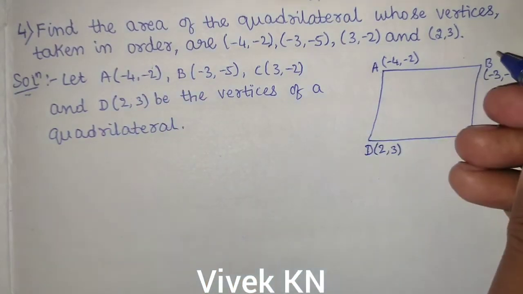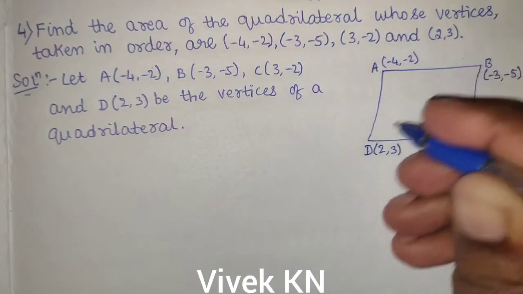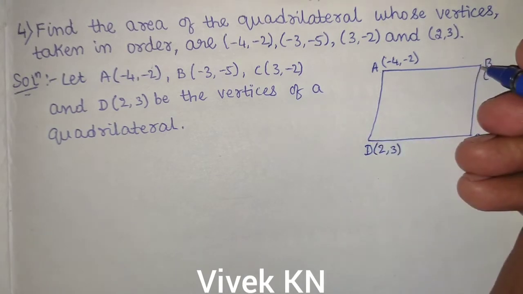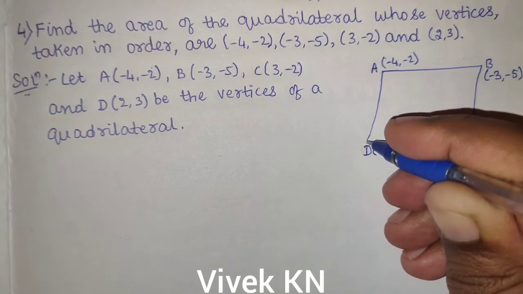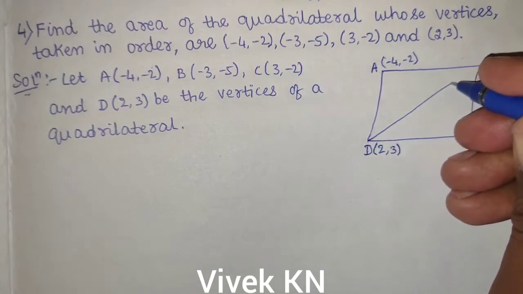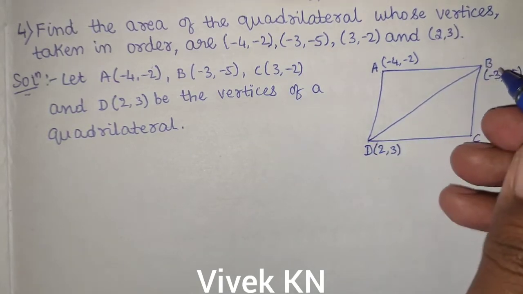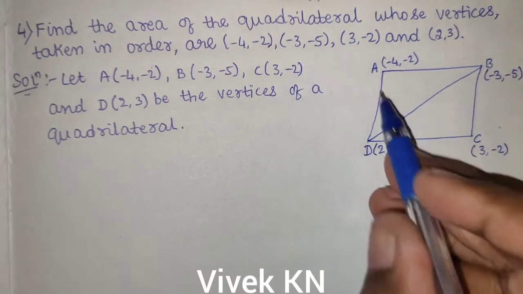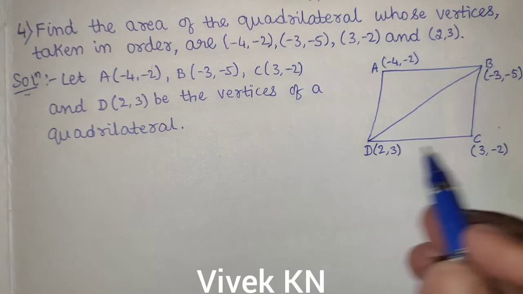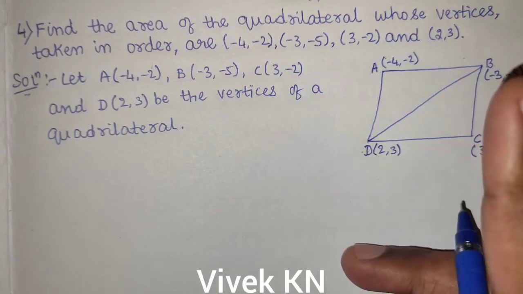Now let us join the vertex B and D. Thus, this diagonal BD divides the quadrilateral ABCD into two triangles.